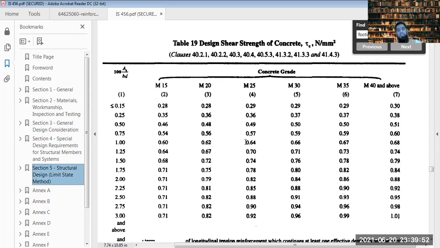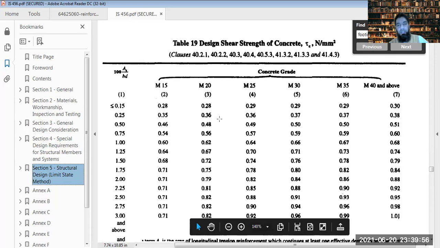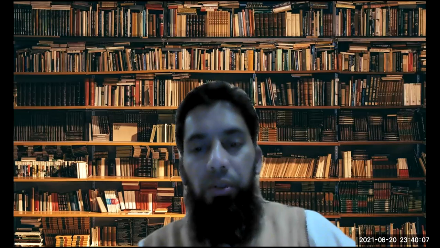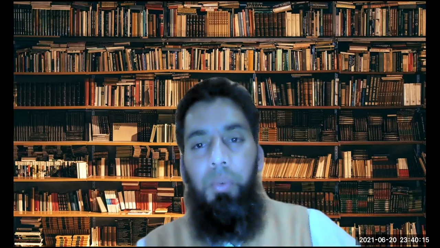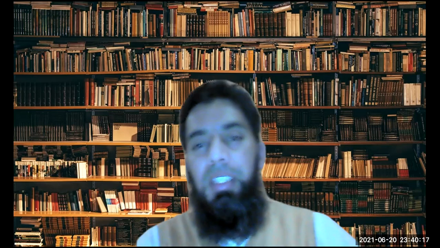So this is the value of tau C for different percentages of steel. Right now we are using M20 grade concrete here. So what's the percentage of steel that we would be using in this question? That's very important to know.